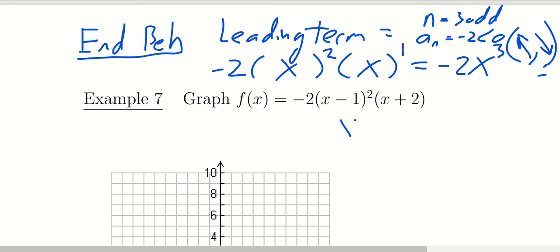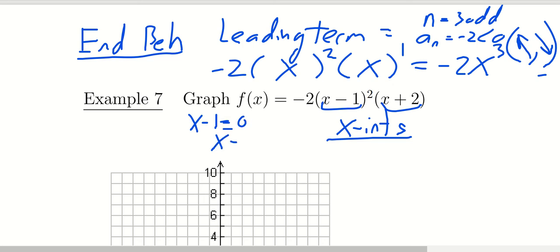Next thing we want to go for is the intercepts. And having it already in factored form is pretty convenient for us. We can just set each of those factors of x equal to 0. The first one will provide x equals 1. The second one will provide x equals negative 2.